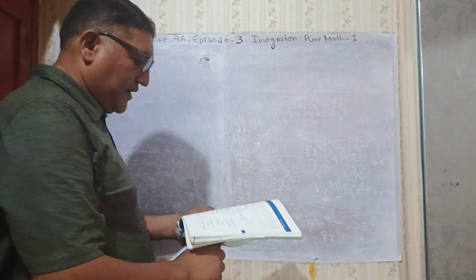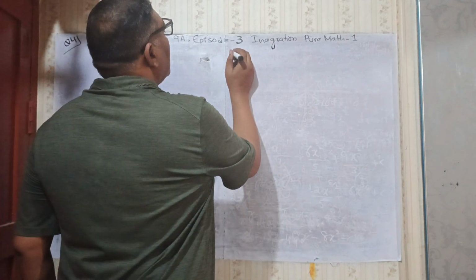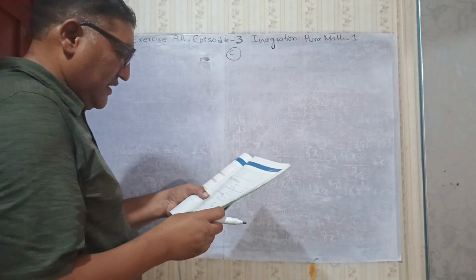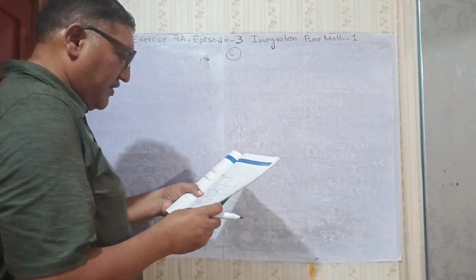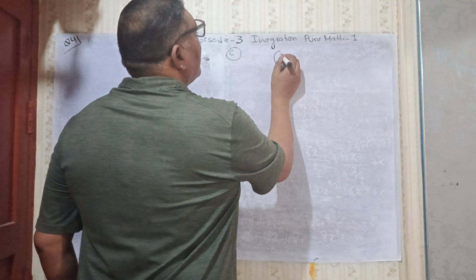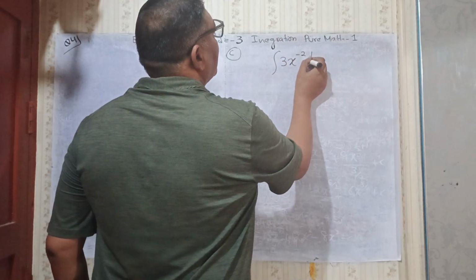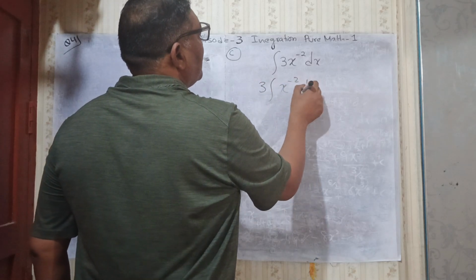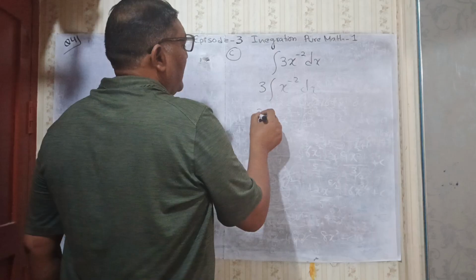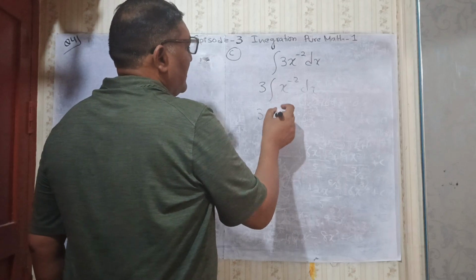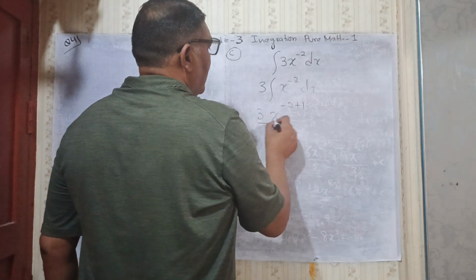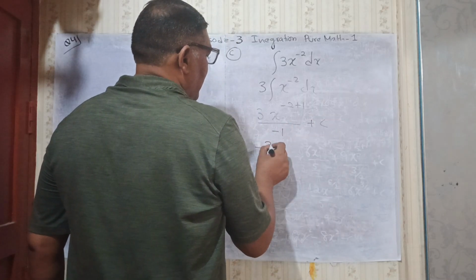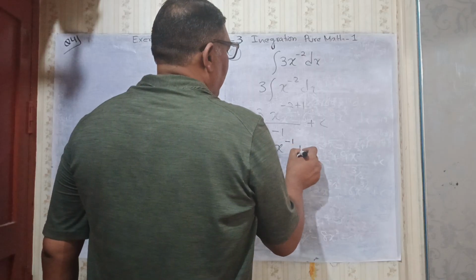Next is the C part of question number 4. Here we have integrate 3x raised to power minus 2 dx. The 3 will come outside, x raised to power minus 2 dx. For the power minus 2, you add 1 and divide by the new power, plus c. So it becomes minus 3x raised to power minus 1 plus c.